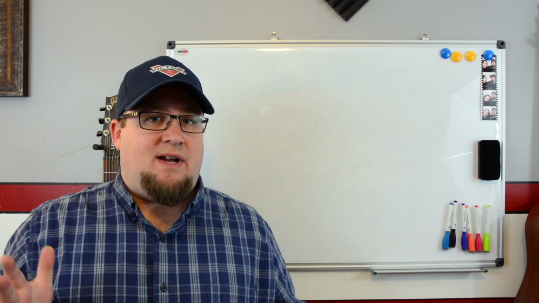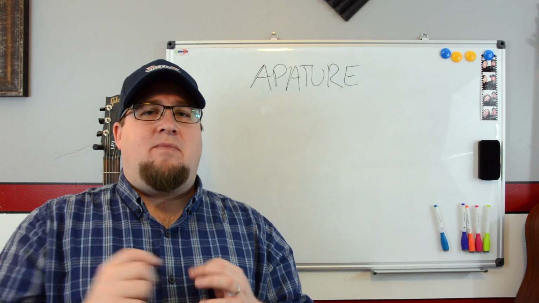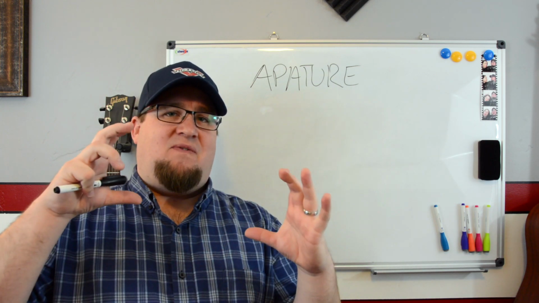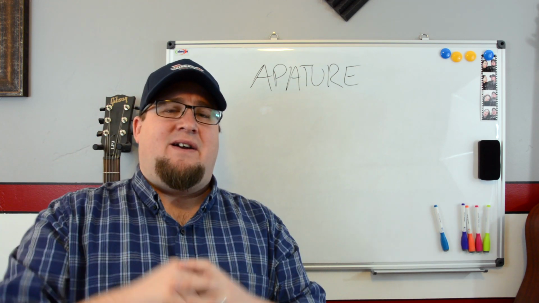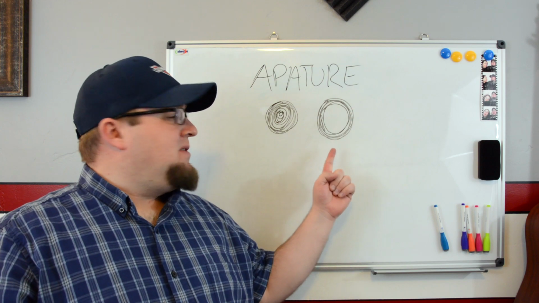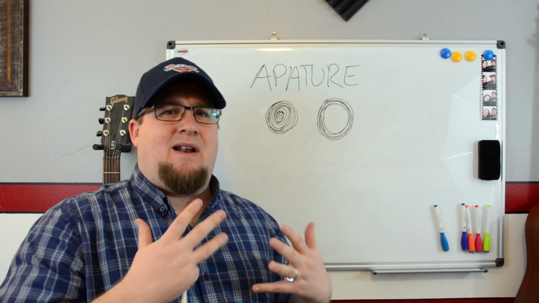Essentially, a properly exposed photo means there's the proper amount of light in the photo. The aperture is how much light is allowed into the camera by physically closing and opening an opening in your lens. A wide aperture is a wide open opening, allowing a lot of light in.